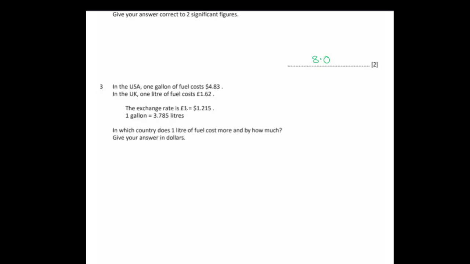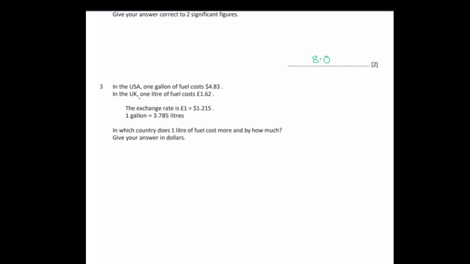In which country does 1 liter of fuel cost more and by how much? Give your answer in dollars. So we have to find in both countries how much 1 liter of fuel costs.